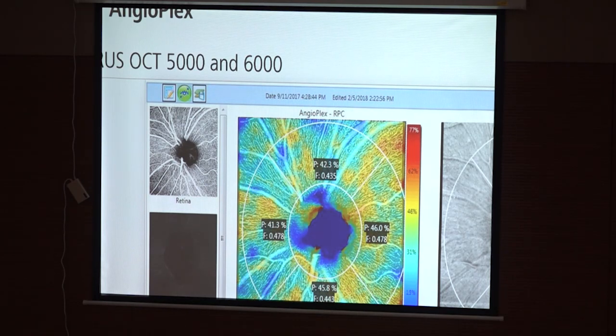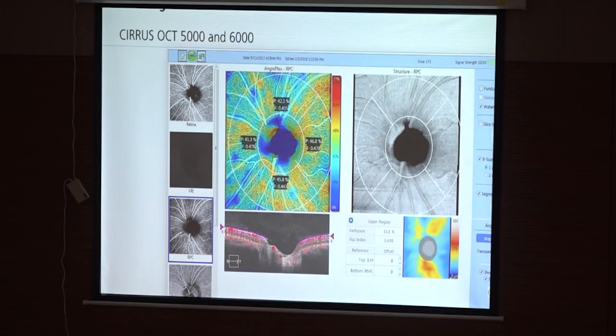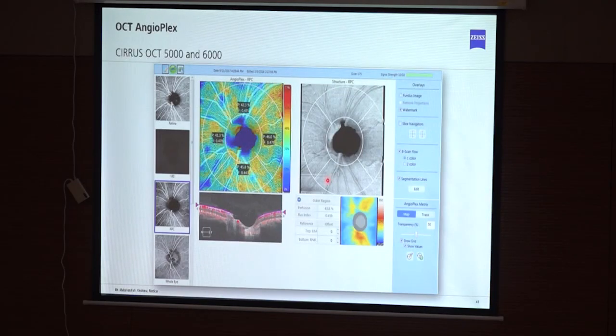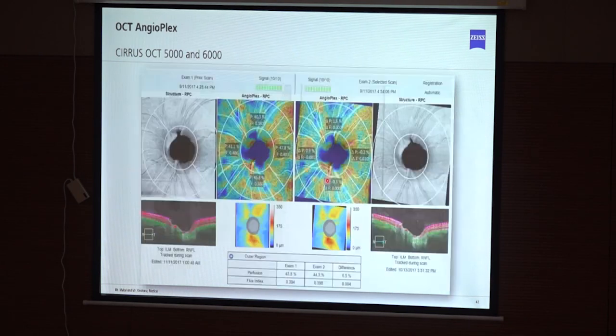When the patient goes to a more advanced stage of glaucoma, the perfusion decreases and the flux also decreases. That shows how the progression of a particular patient is going on in different quadrants. So for glaucoma, we have three different parameters: the ganglion cell analysis, RNFL analysis, and perfusion and flux index. So as you see, this is the patient.